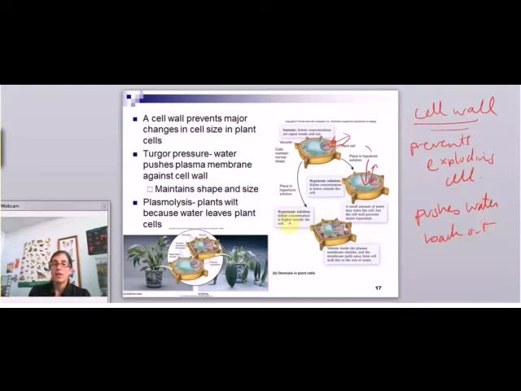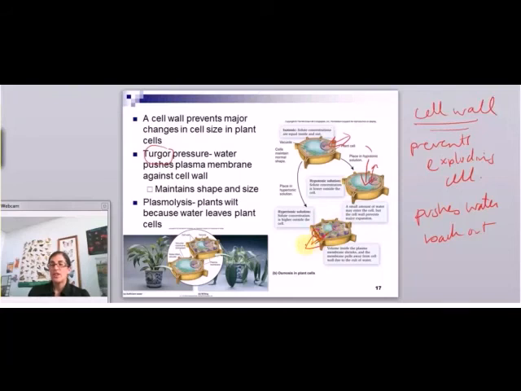However, if cells are in hypertonic conditions, water leaves the cell, and this creates a problem. So now the water isn't pushing against the cell wall, and so now the cell doesn't have the normal turgor pressure that it should have, which is this water pushing up against the membrane. That turgor pressure is what helps maintain the cell shape, but also the actual plant shape.